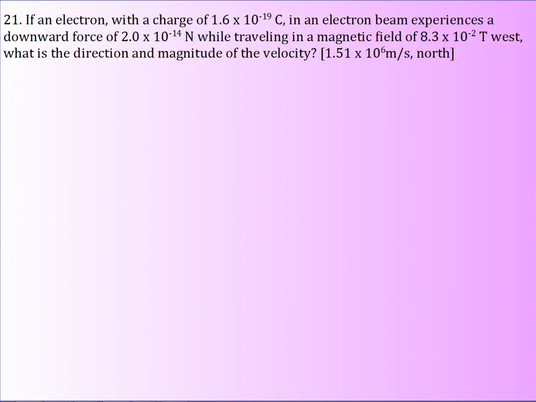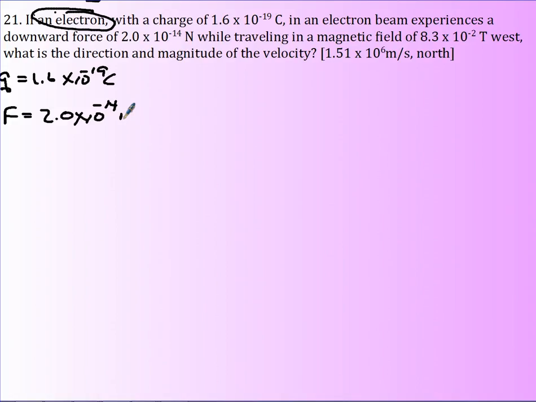Now, if an electron, now electron means whatever we get, we're going to flip our answer for direction, with charge of 1.6 times 10 to the negative 19 coulombs. Experiences a downward force, F, of 2.0 times 10 to the negative 14 newtons, while traveling in a magnetic field, B, of 8.3 times 10 to the negative 2 Teslas west.